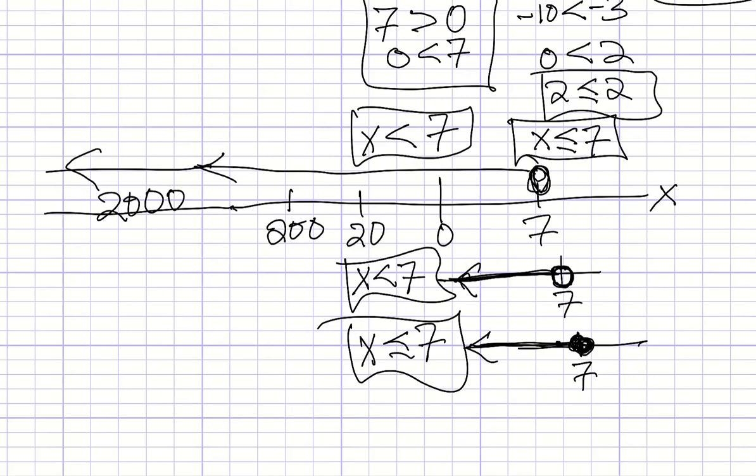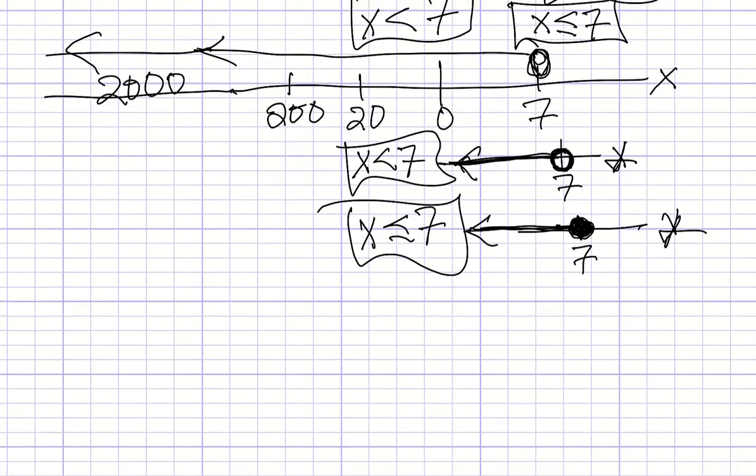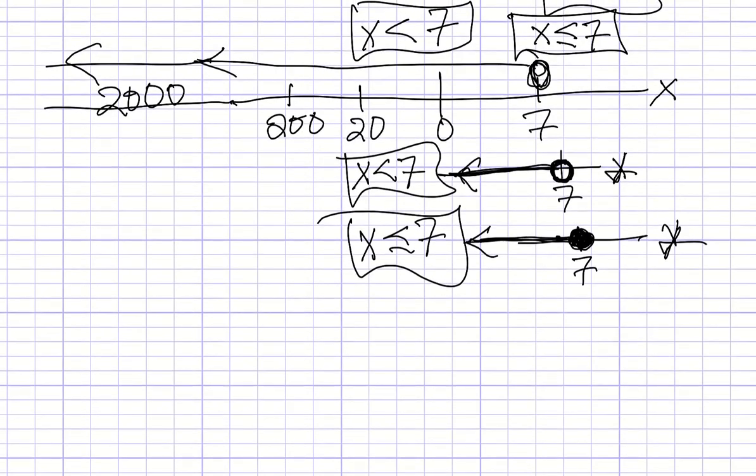It can be anything. It can be 2,000. It can be 200. It can go to infinity. But 7 is included, so you shade it like that to show 7 is included. But on this less than, there's a hole there. 7 is not included. That's how you represent that. We talked about this before when we did arithmetic. So I want you to make sure you understand this, okay?